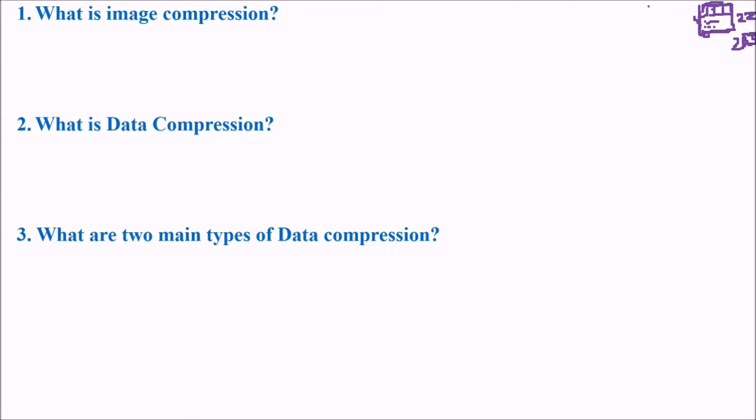Say an image is of say 10 MB, and if you are able to make it to say 500 KB, which is JPEG 2000 and all those various compression schemes that does. So now the transmission will be very easy from one place to another, and apart from transmission, storage will be good. So what is image compression?